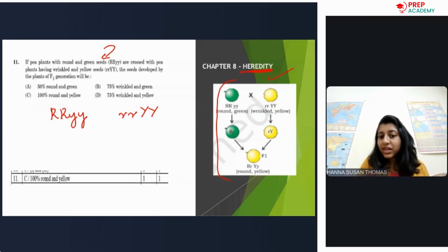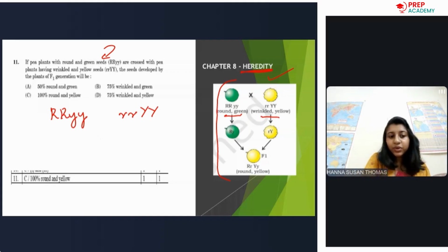When you look into this picture, you can see this in your reader itself. It's given here: round green and wrinkled yellow. We have studied in this chapter that the dominant trait is the one that exhibits in the end, right? If we take the shapes of seeds as round and wrinkled, round being the dominant trait, then if that organism has the round allele in it, it will exhibit that trait.